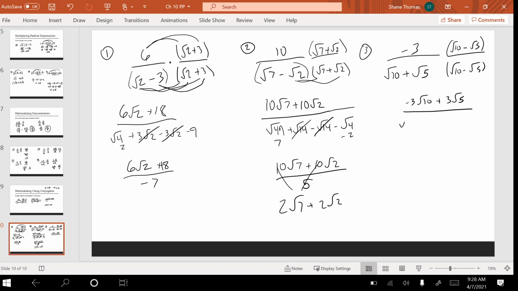On the bottom, I have root 100 minus root 50 plus root 50 minus root 25. The root 50s are gone. What's the square root of 100? Square root of 25? Negative 5. So on top, I have negative 3 root 10 plus 3 root 5. On the bottom, I have 10 minus 5, which is 5.